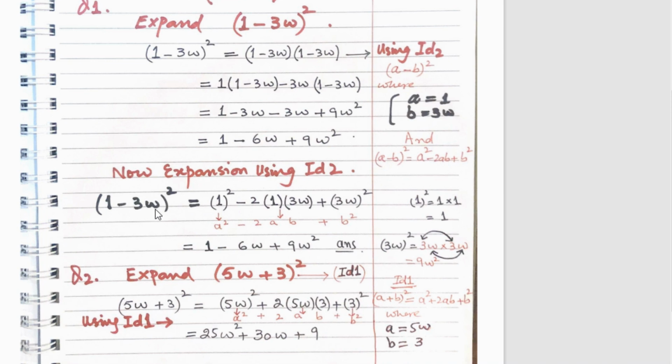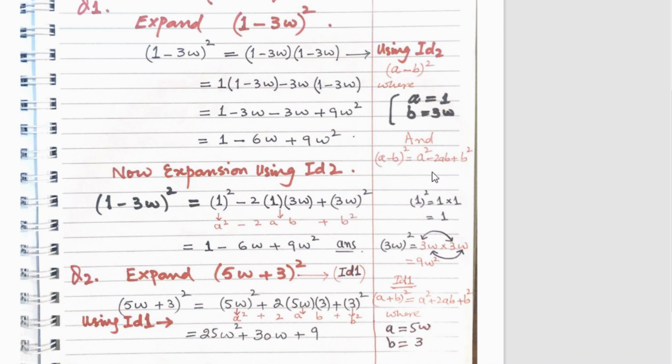As we know, A is equal to 1, so 1 square will come over here, minus 2 into A into B. Why am I reading it as A? Because A is equal to 1 and B is equal to 3w. So we will read it as 2AB, but we will write it as 2 into 1 into 3w, because here A is 1 and B is 3w.